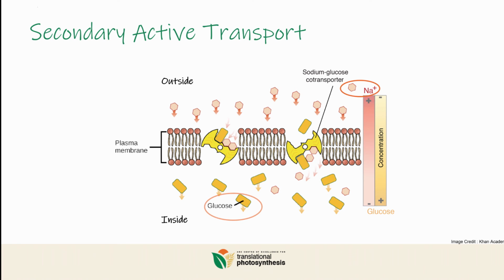So basically, sodium will naturally flow from high concentration to low concentration. And this is called the driving molecule, and it will create the energy required to move the other molecule from low concentration to high concentration. And we call this molecule the driven molecule.